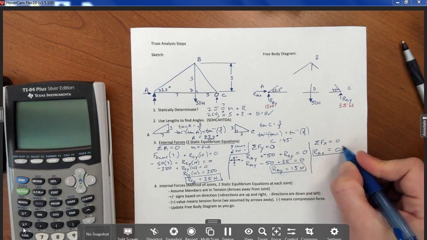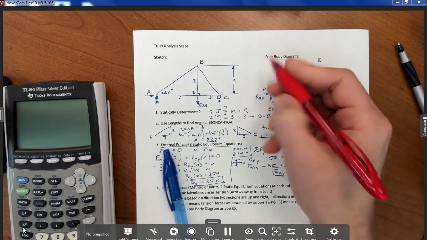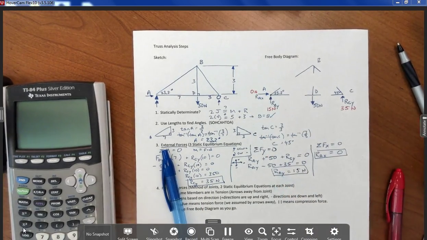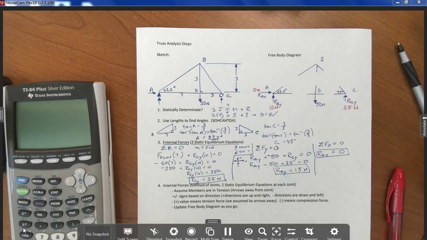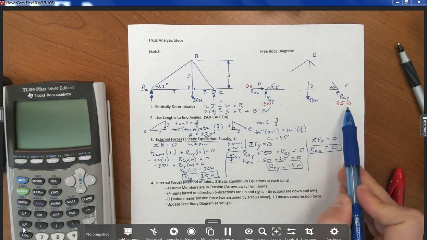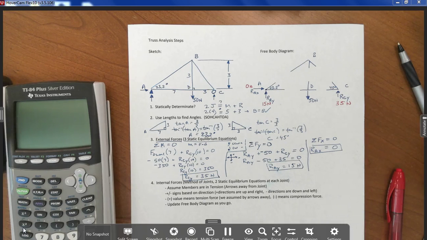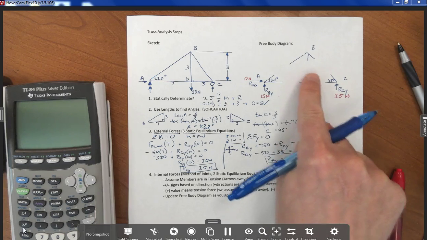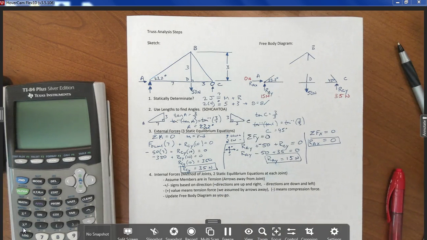So that's easy, it's just 0. So we'll put that there. Okay, so we've got our free body diagram. We know what all of our reaction forces are. And we are ready to move on and define these 5 members, the internal forces.